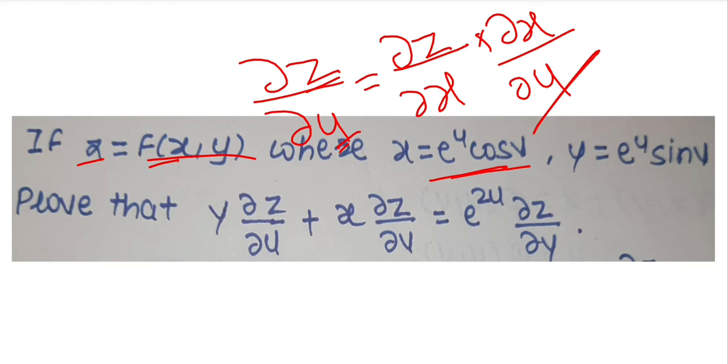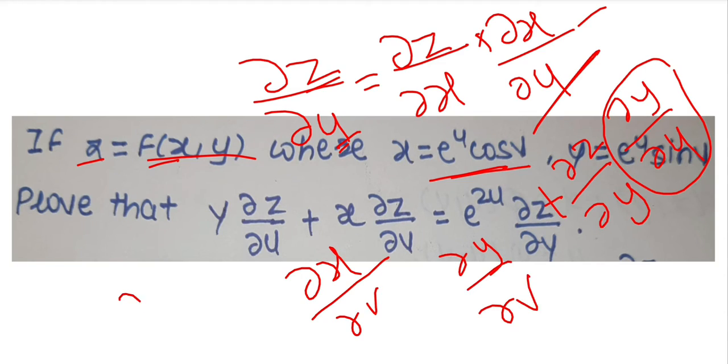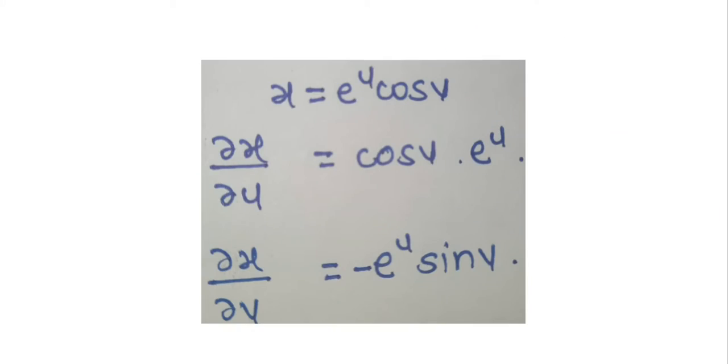So we will need the value of delta x upon delta u. Similarly, continuing this formula, we will get plus delta z upon delta y and delta y upon delta u. So we will also need delta y upon delta u. Similarly, we will need delta x upon delta v and delta y upon delta v for the formula of delta z upon delta v. So we will find these terms before.